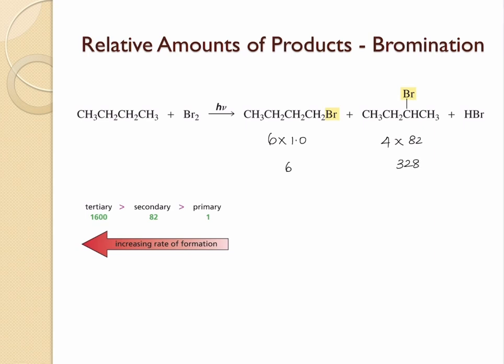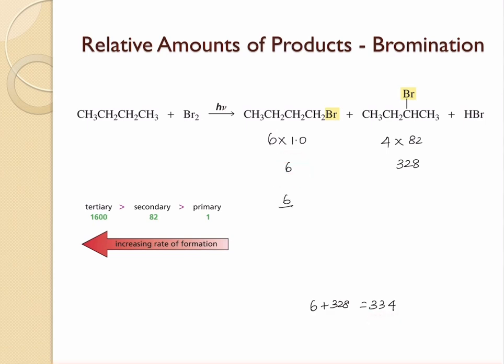To determine all the alkyl bromides that are formed from this reaction, you have to add these two numbers. So when you add 6 and 328, it's going to be 334. And to determine the percentage of one particular product obtained, you have to divide that number by 334 times 100.